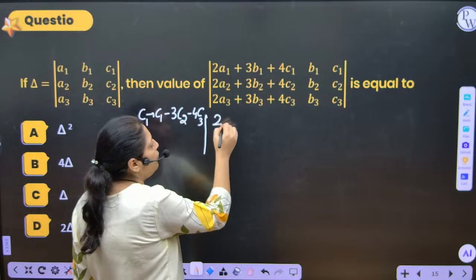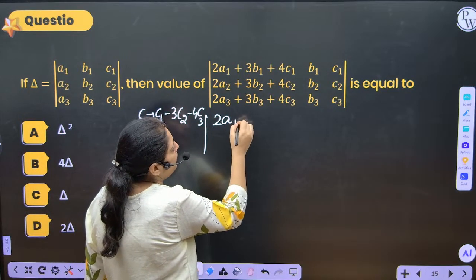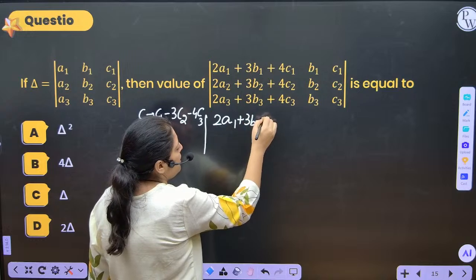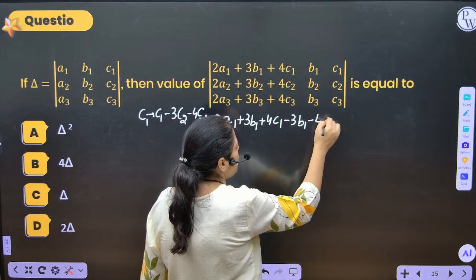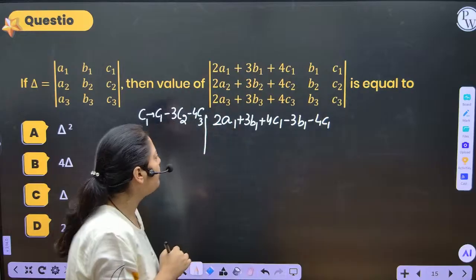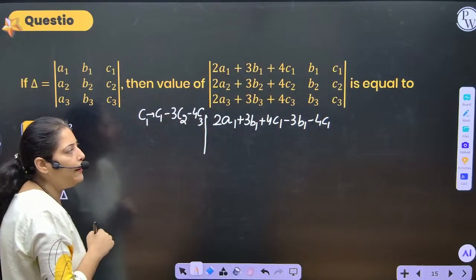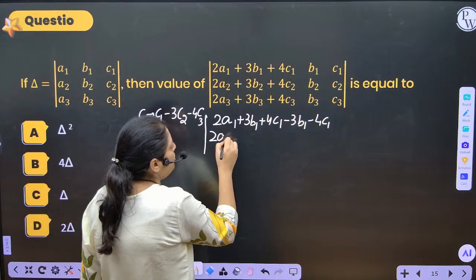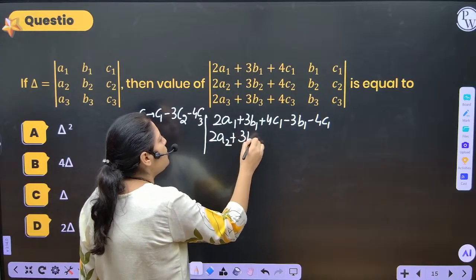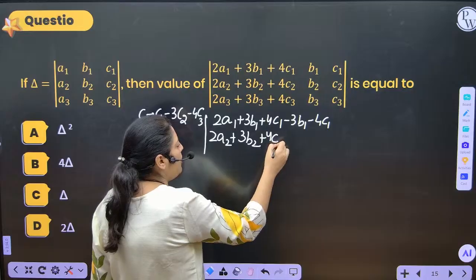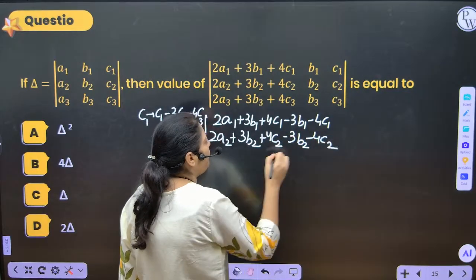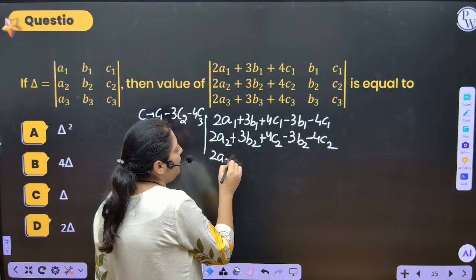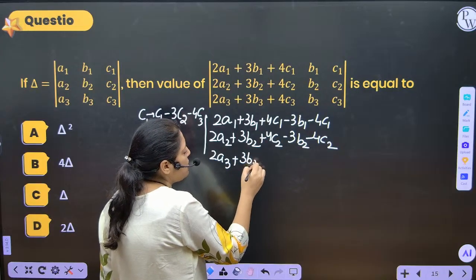So it will become 2A1 plus 3B1 plus 4C1 minus 3B1 minus 4C1, then 2A2 plus 3B2 plus 4C2 minus 3B2 minus 4C2, then 2A3 plus 3B3 plus 4C3.